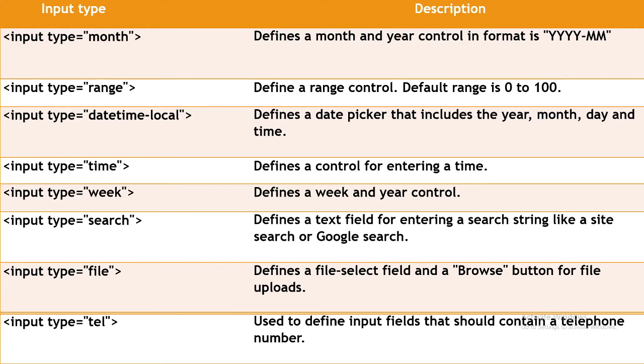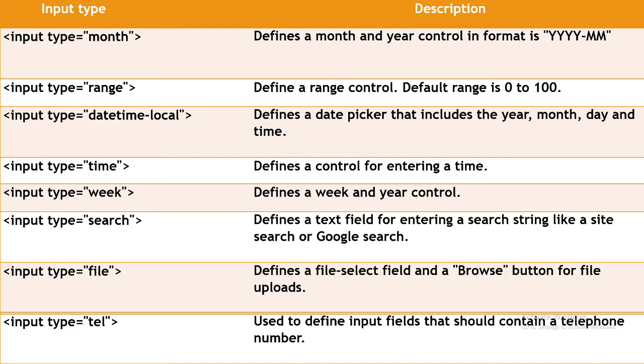Next, input type is equal to week. It defines a week and year control. Next field is input type is equal to search. It defines a text field for entering search string like site search or Google search.